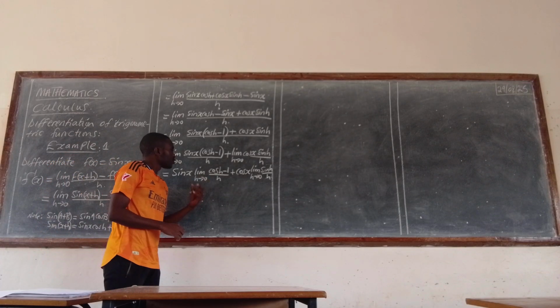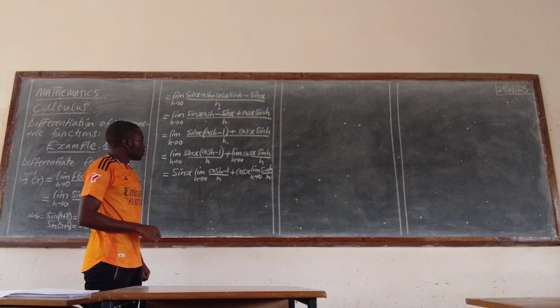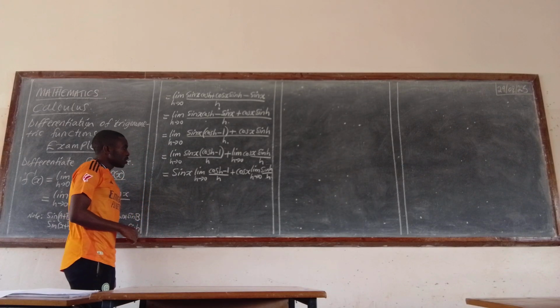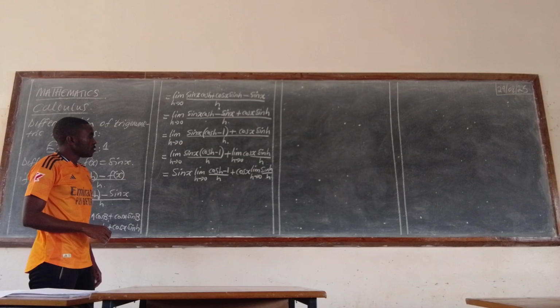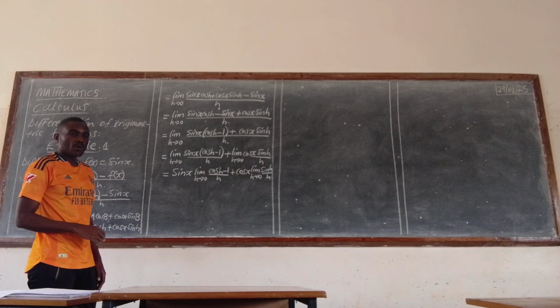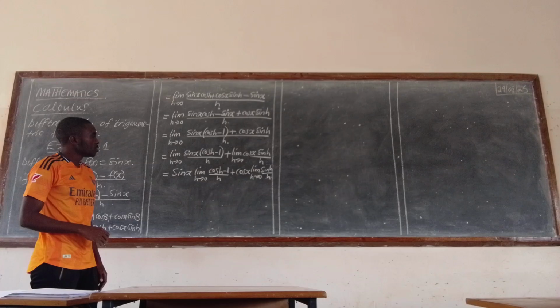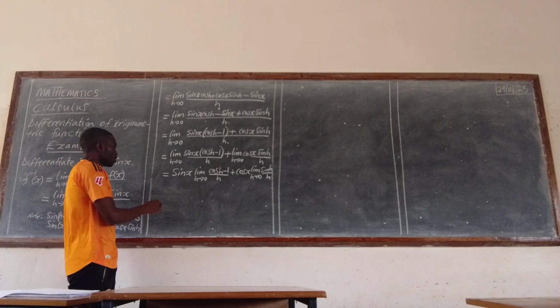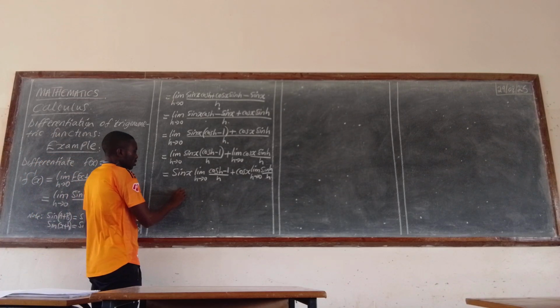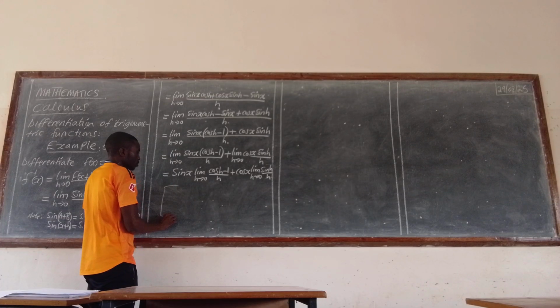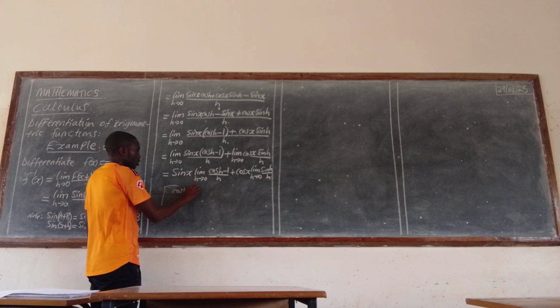But on this one, we can check by using the conjugate method. Take note of this one, cos h minus 1 divided by h.